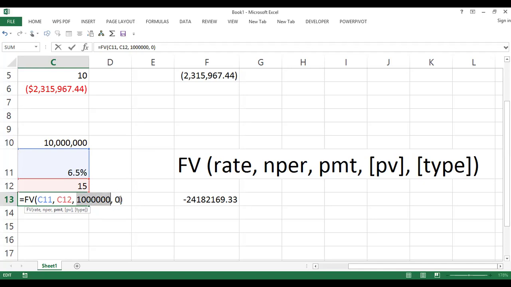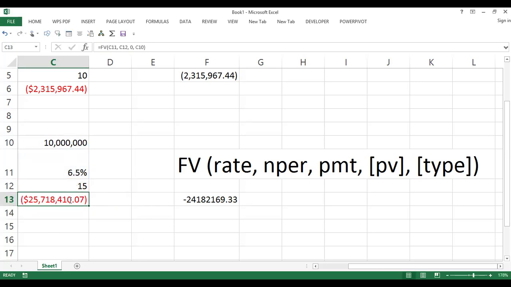There are some cases where a lump sum is put there, then at the end of each period you also add something. There are cases where you don't add anything every month, but in the beginning you just put your lump sum.